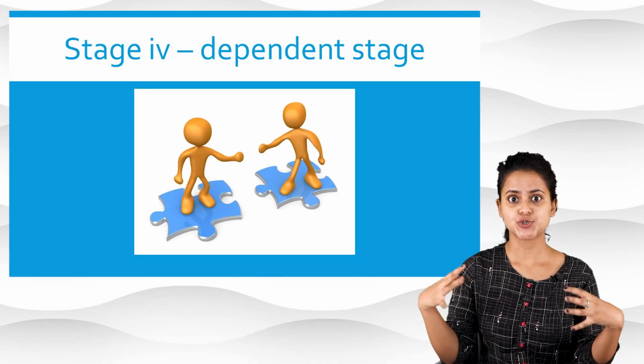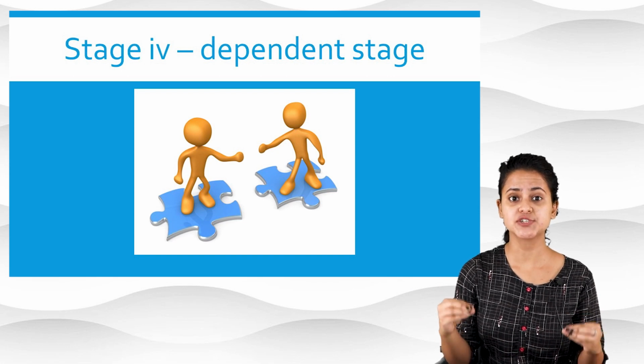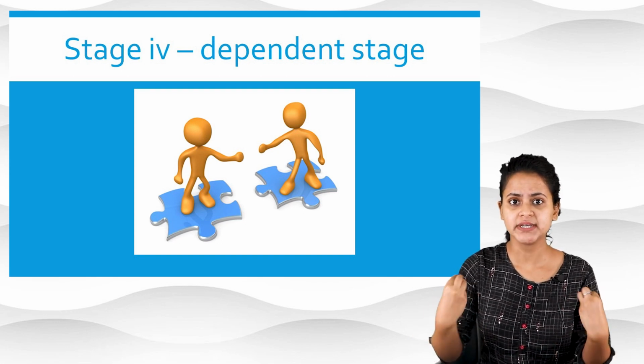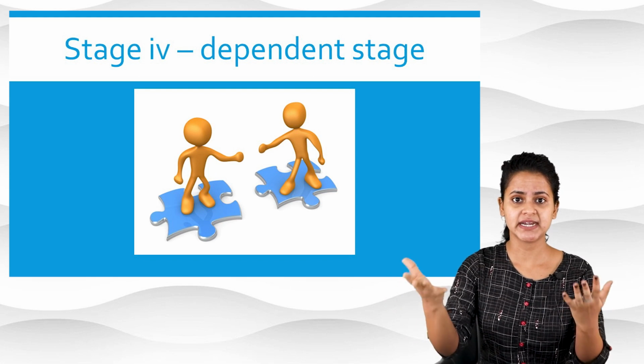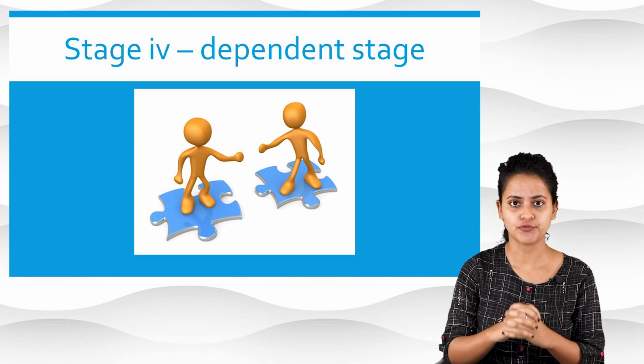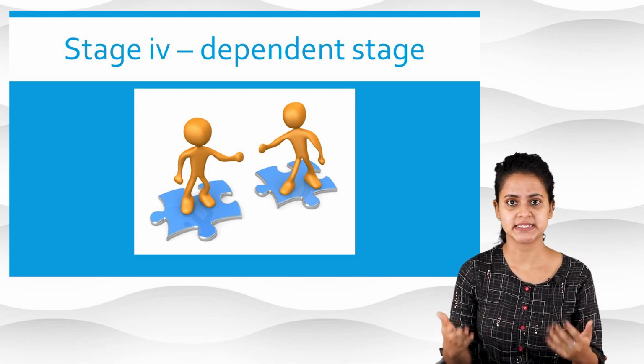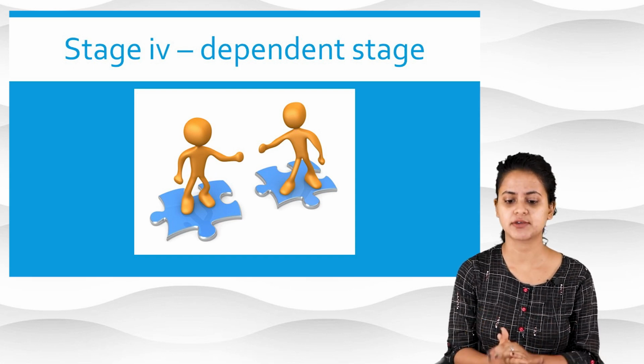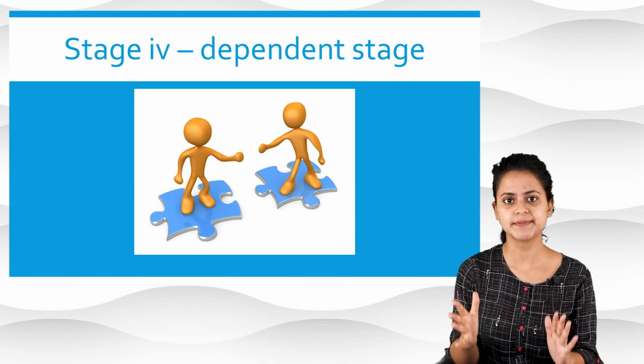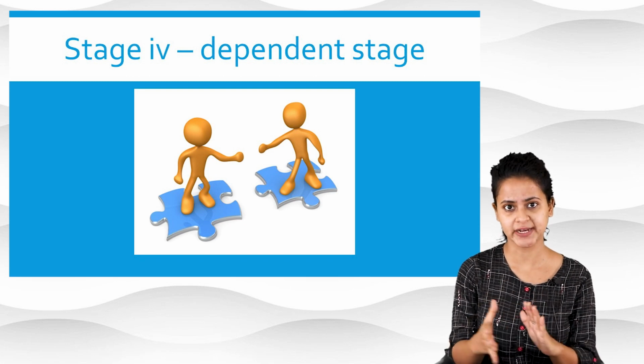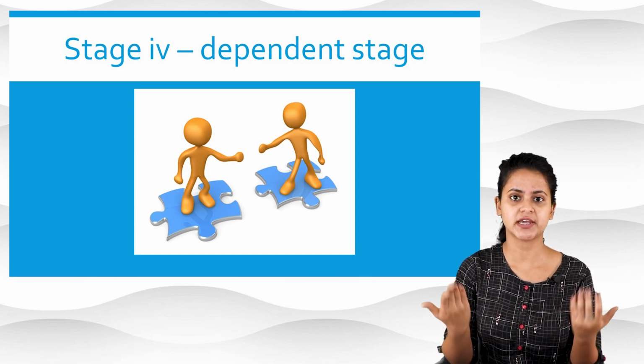Now comes stage 4, where an individual is convinced to get the medical treatment done, depending on the signs and symptoms and the final diagnosis. Here they are going to accept the reality or fact of life. They're going to accept the diagnosis.